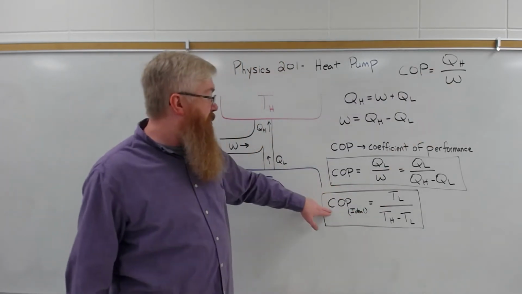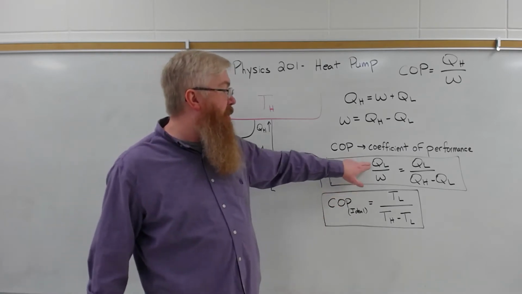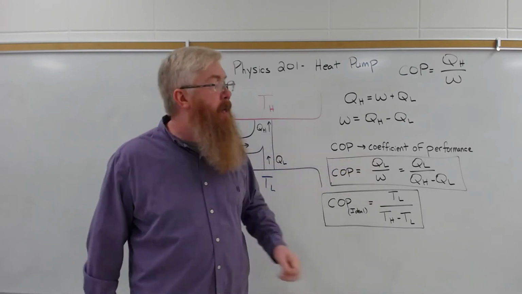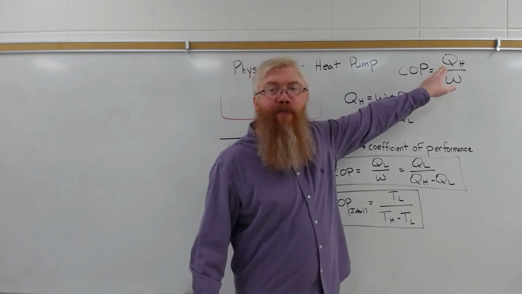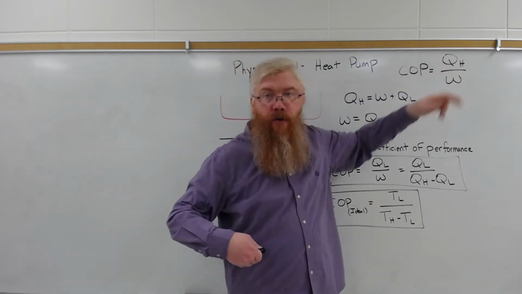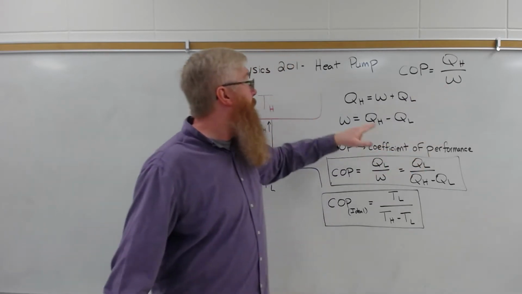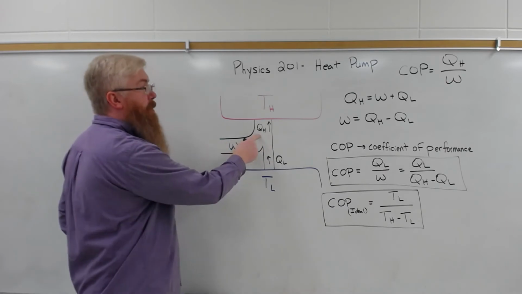So the coefficient of performance for a refrigerator talks about how efficient a refrigerator is at pulling heat from the low temperature reservoir, which is what you want a fridge to do. A coefficient of performance for a heat pump talks about how efficiently it can pull heat into your house, right? Plus the work done. But remember the high temperature reservoir includes the work done.